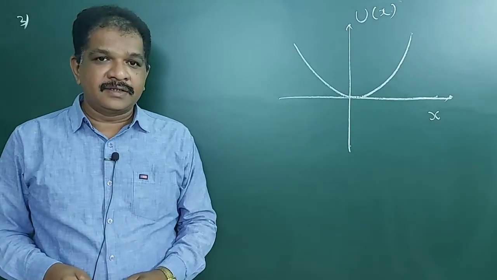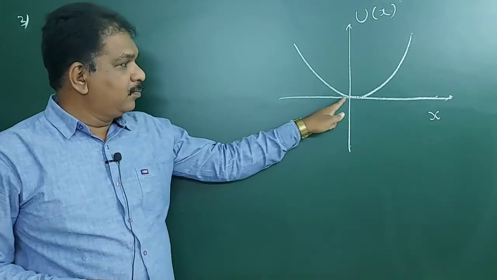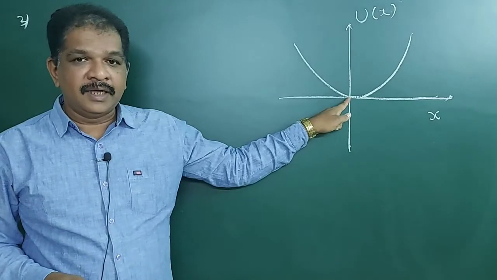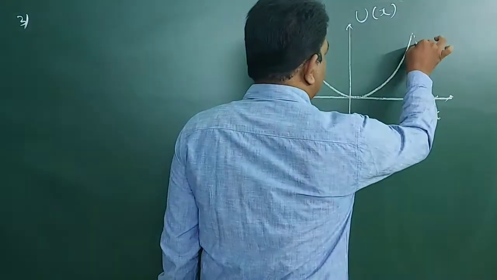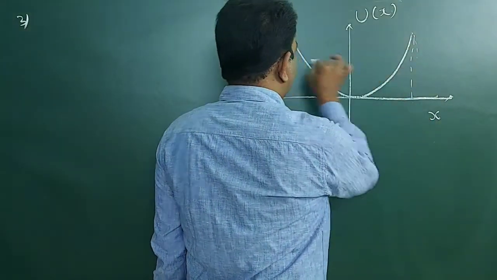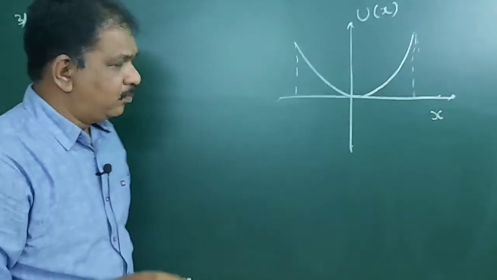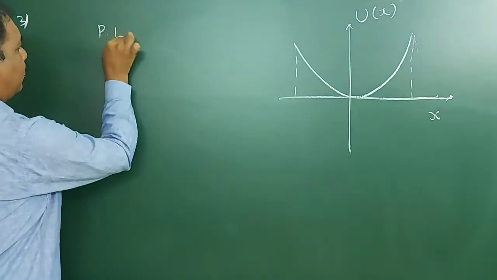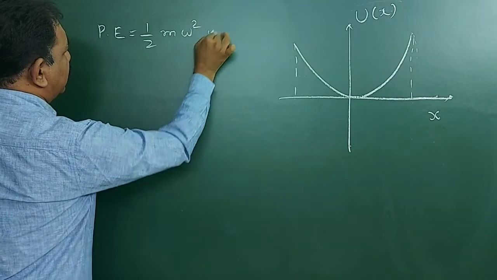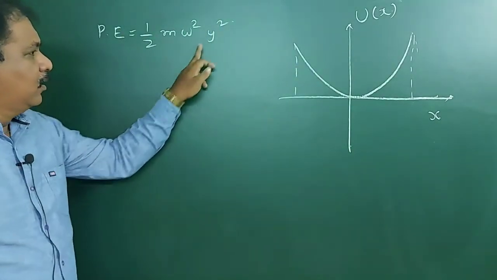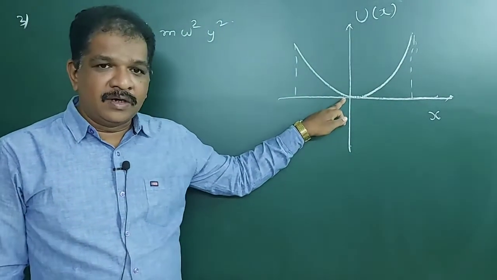Graph is like this. Okay, at mean position, potential energy will be minimum. At extreme position, potential energy will be maximum. Potential energy formula is what? Half m omega square y square. Y is equal to y or x, whatever it may be.